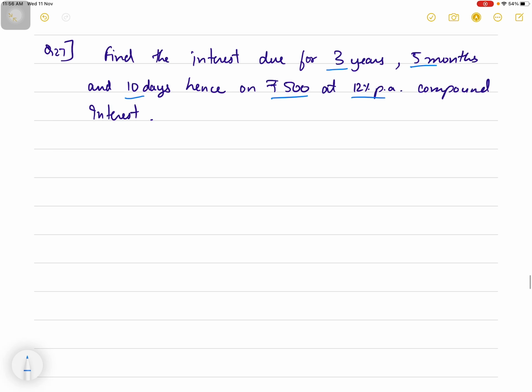So here now my formula would be A is equal to P into (1 plus R) raised to N, (1 plus FR) multiplied by (1 plus FR) again. This first one is for 5 months and second one is for 10 days.